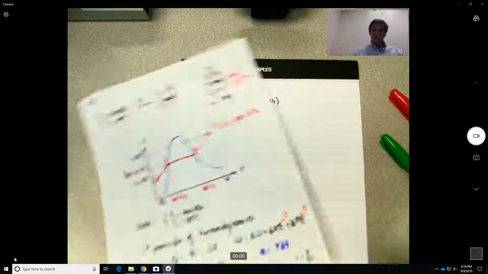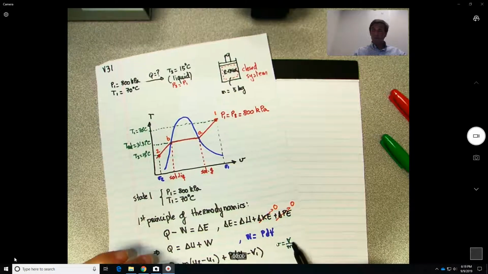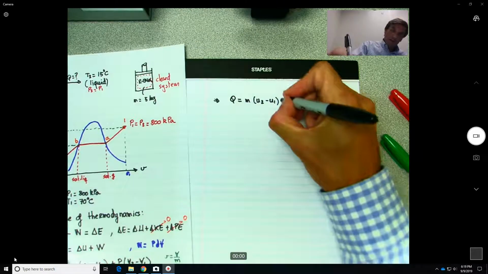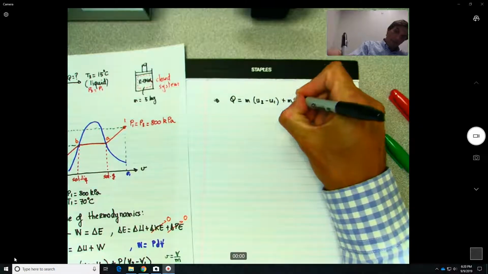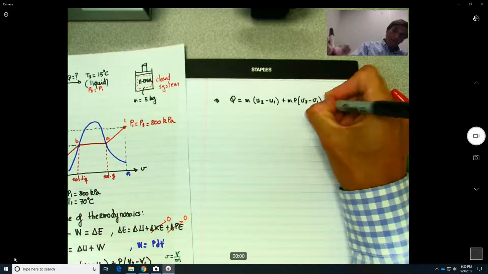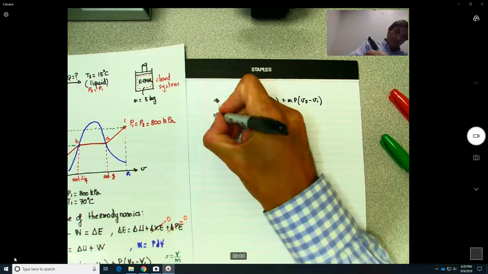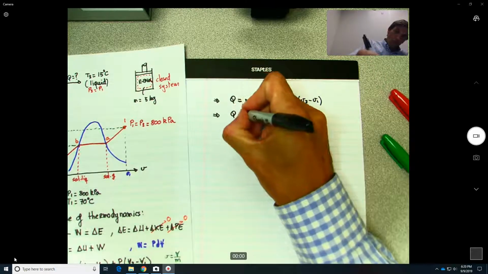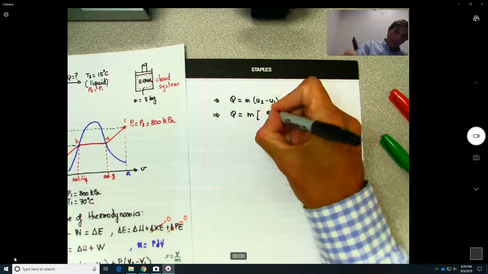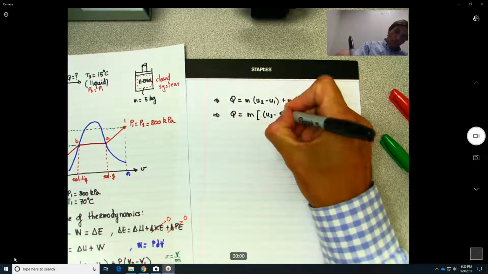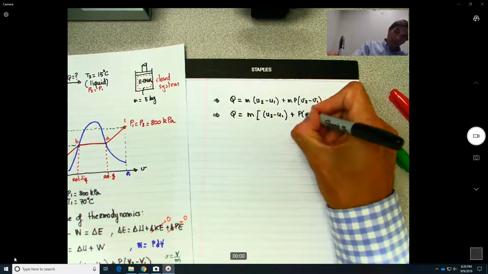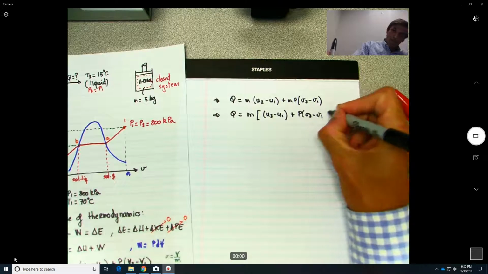Now we substitute the volume V by m, the specific volume, times v, so we'll have plus mP(v2 - v1). So this will be Q equal to m[(u2 - u1) + P(v2 - v1)].